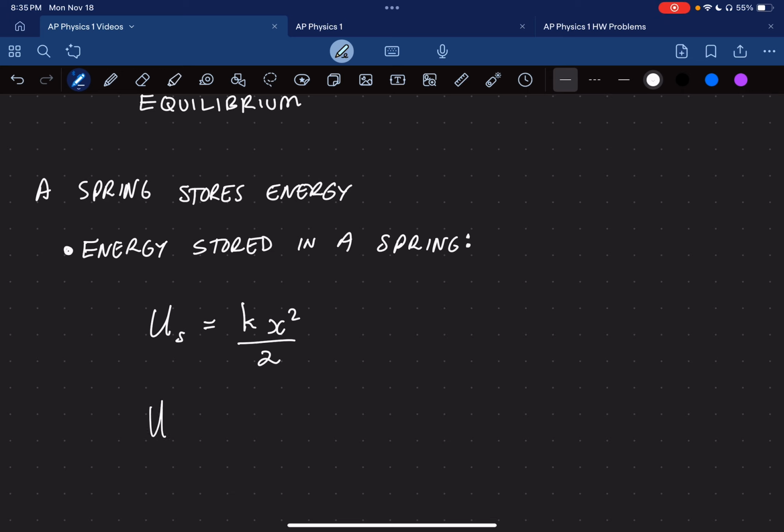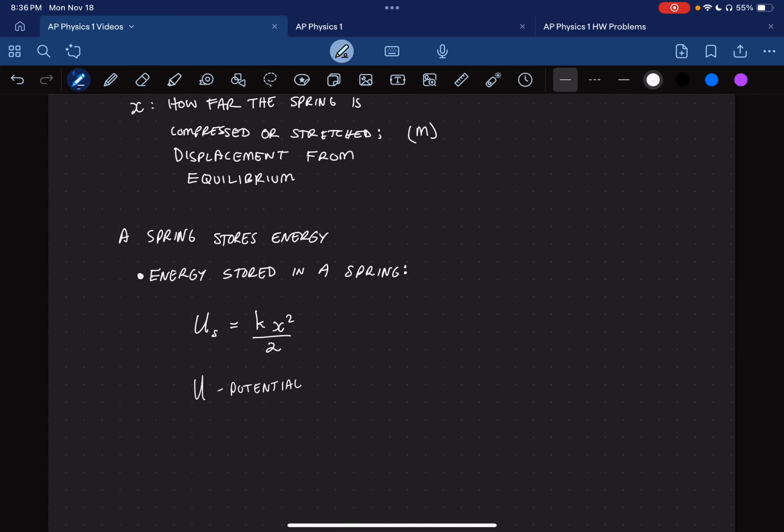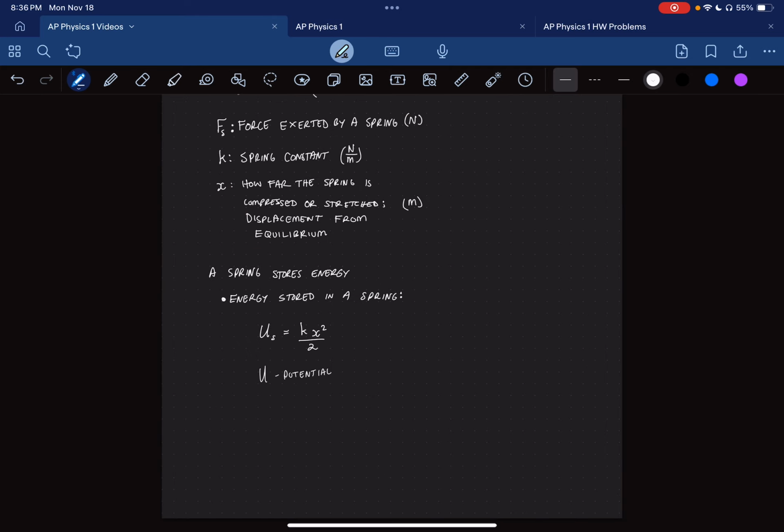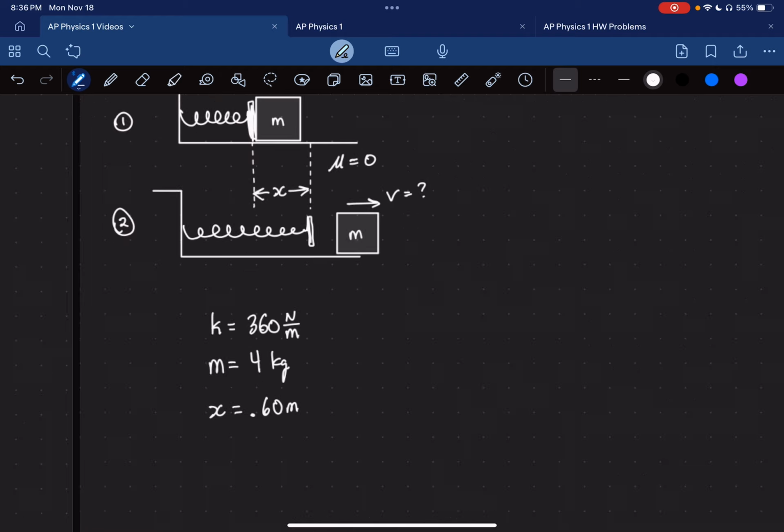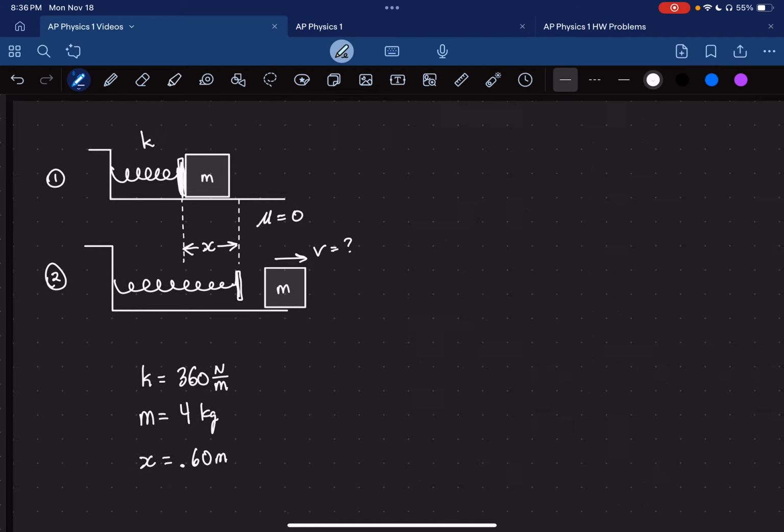Of course, U means potential, and the subscript S is for the spring. Okay. Which of course is in units of joules. So let's go to some examples here.